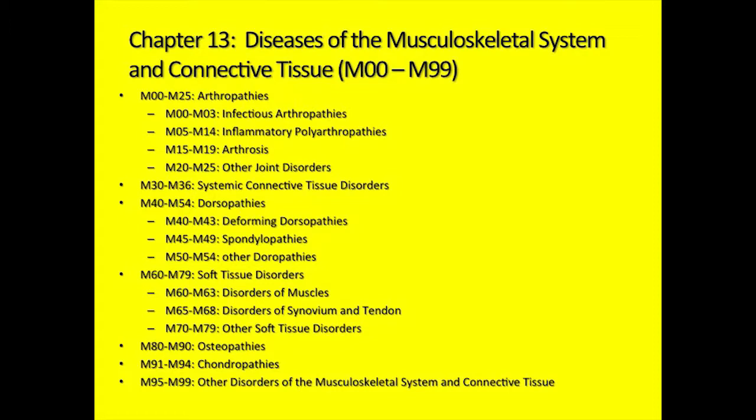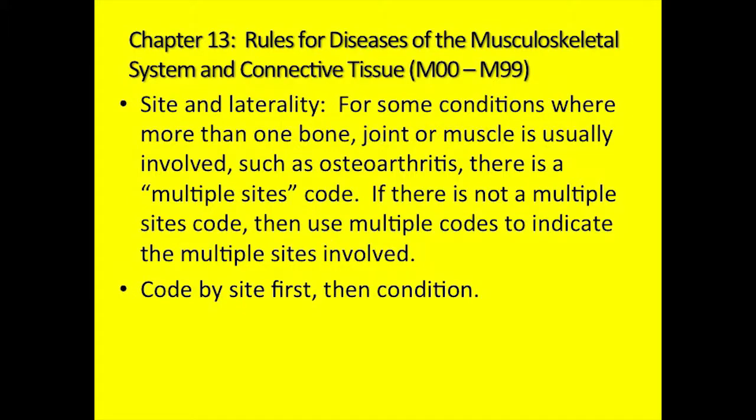Now, here is an example, and I know it's kind of small. It doesn't matter, okay? These are all of the different ways they split it up, all right? I just want to tell you this. So, site and laterality, we've already kind of talked about this. For some conditions where more than one bone, joint, or muscle is usually involved, such as osteoarthritis, here is another Mario tip: in cases of osteoarthritis, and I've looked through all of the codes there, osteoarthritis is the one we will most commonly see where it's in multiple areas, then it has a multiple site code.